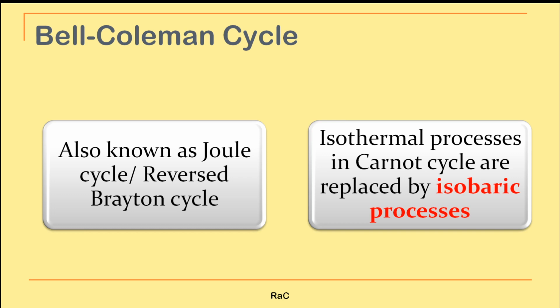So the gas refrigeration cycle used in refrigeration is known as the Bell-Coleman cycle, also known as the Joule cycle or reversed Brayton cycle. You must have heard about the Brayton cycle, right? It is a power cycle used in gas turbine power plants.